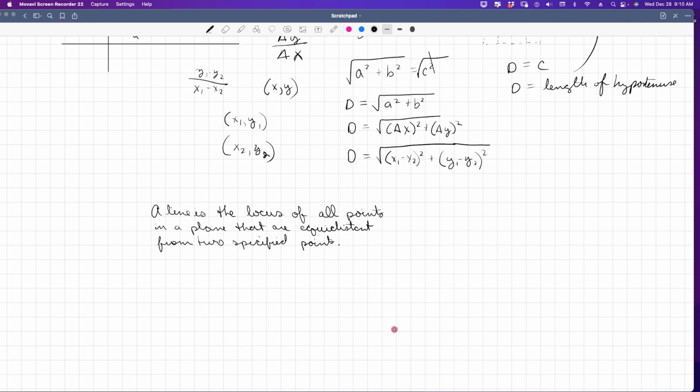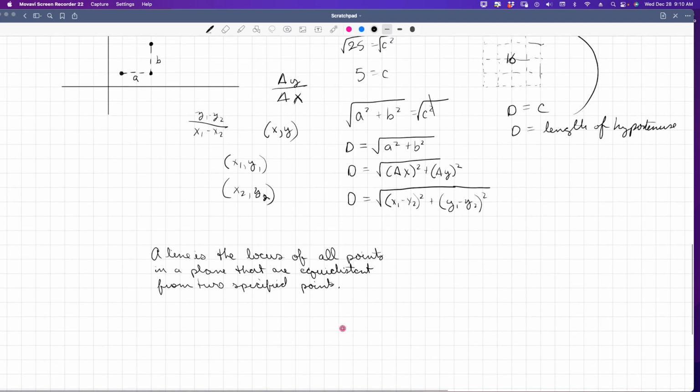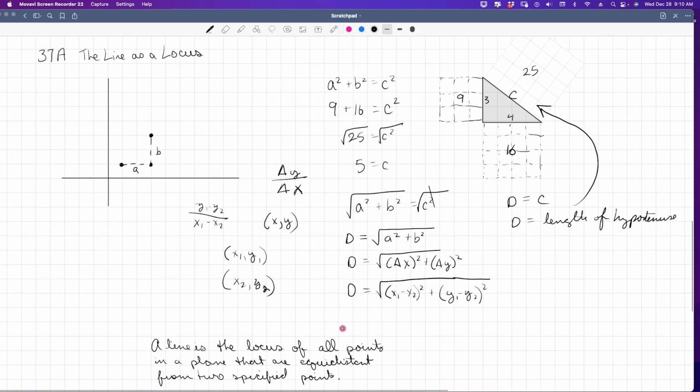So our definition of a line is that a line is the locus of all points in a plane that are equidistant from 2 specified points. So basically, we're not just talking about this one point being equidistant from these 2 points. We're talking about every point in a line that is equidistant from those 2 specific points we've already given.